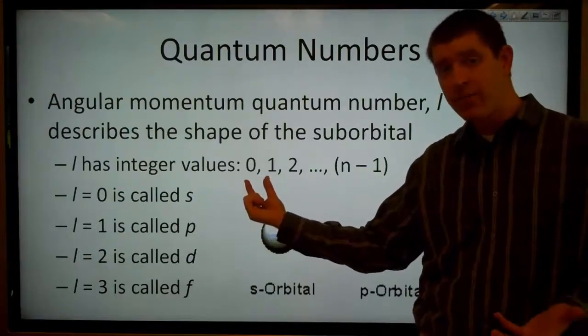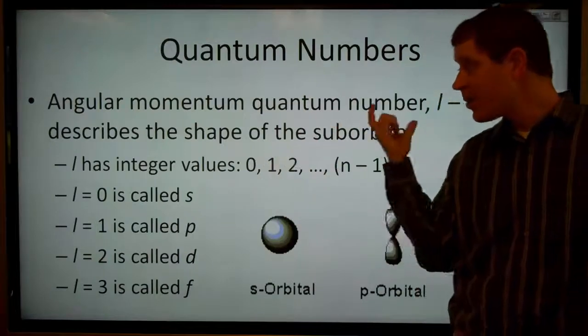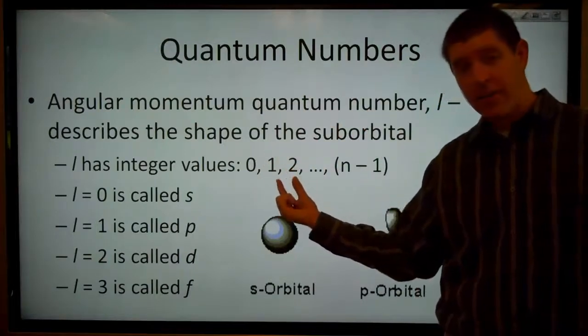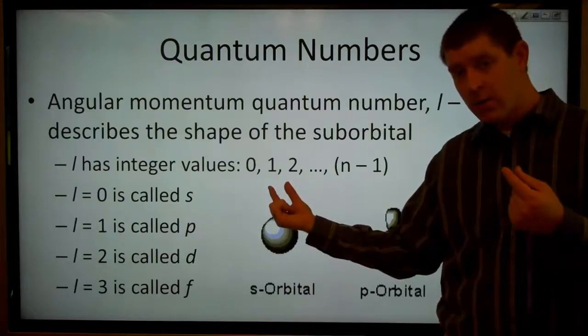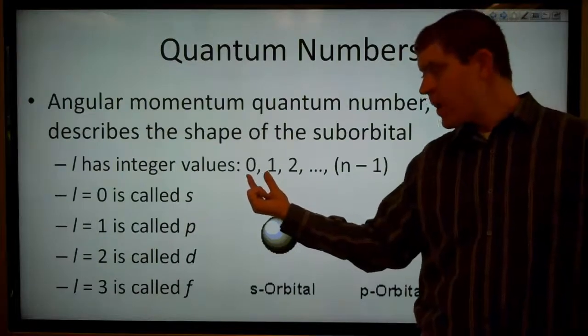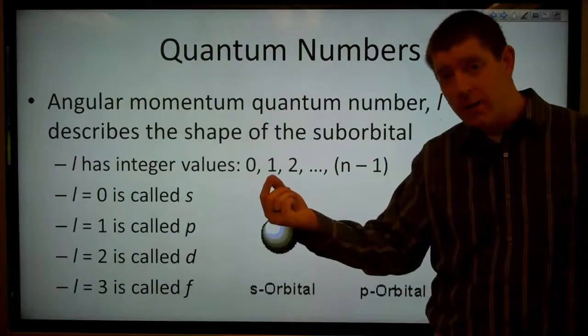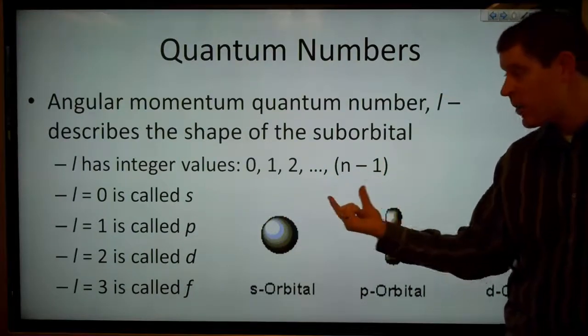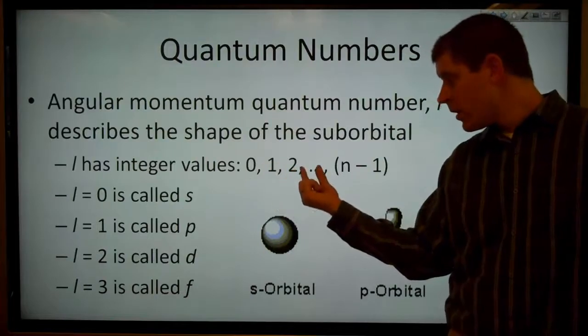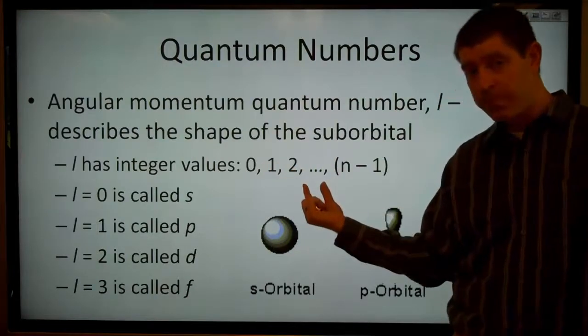We can't have an angular momentum quantum number of 1 if the principal quantum number is 1. If we have an electron in the 4th energy level, we can go up to 4 minus 1, which is 3, so we can have 0, 1, 2, or 3.